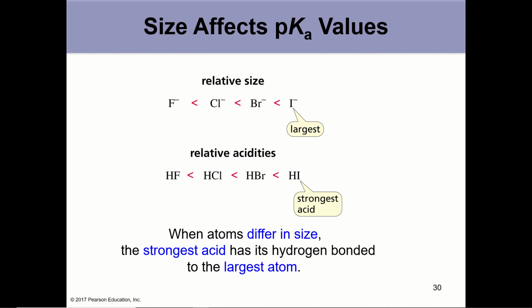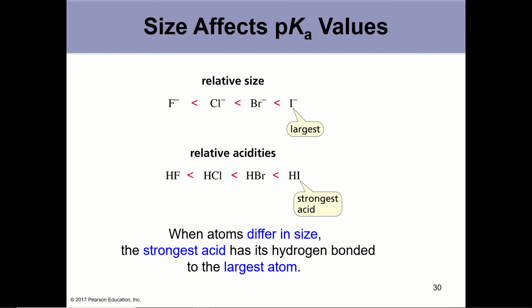Size effects and pKa values. So as size increases down a group, we can compare size across a row, but the difference in size is much smaller than a comparison of size down a group.